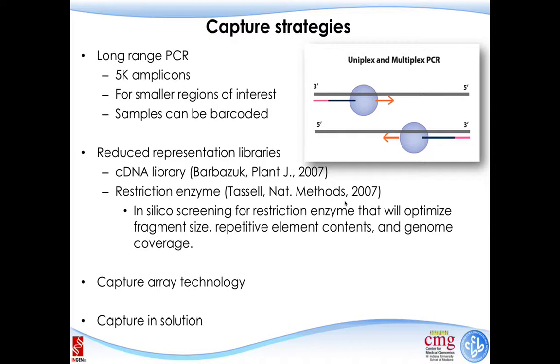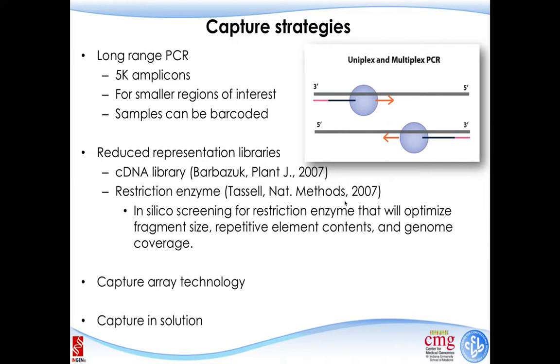So here are the different strategies people have used to capture the genomic region you're interested in. That includes long-range PCR, and I'm not going to go into detail, it's doable, and people are doing that for some diseases, but this is by far not the most popular approach.